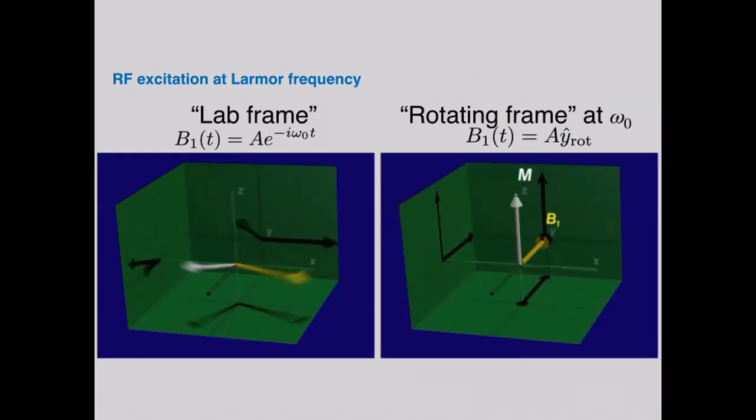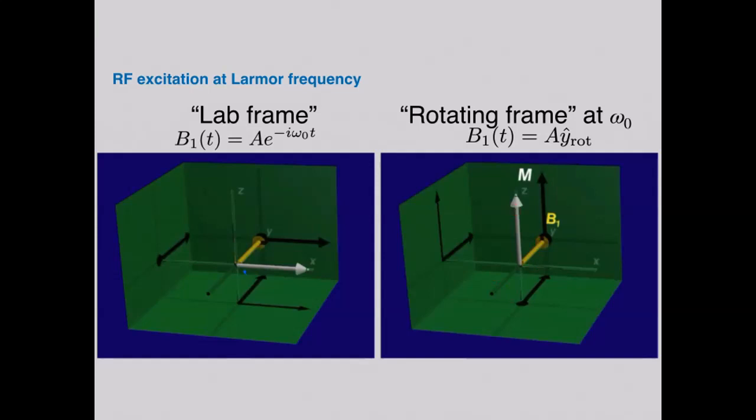Now, here in the lab frame, the RF field was rotating, and this was precessing, right? But now I'm going to have a rotating frame. In the rotating frame, we rotate with the B1 field, such that it stays in a stationary direction, and so the magnetization will do too.